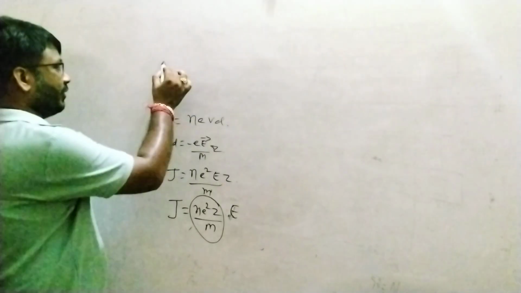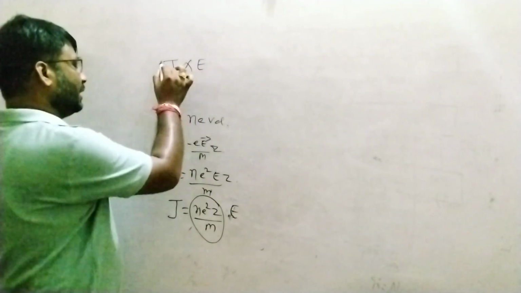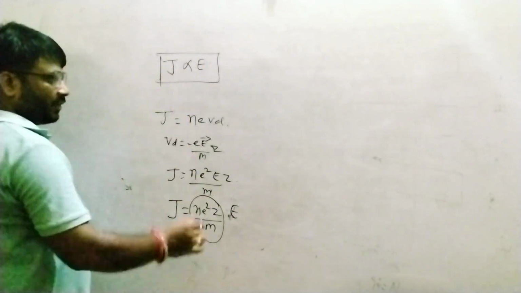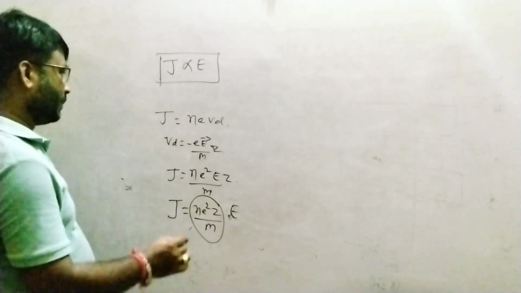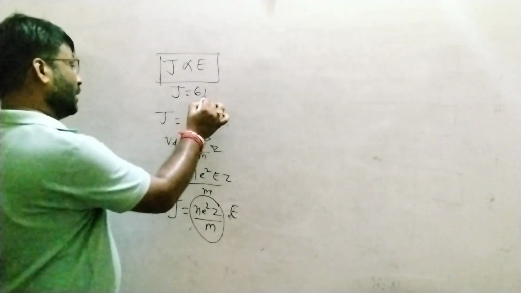It means here we got a relation that current density is directly proportional to electric field, and this proportionality constant is replaced by sigma.